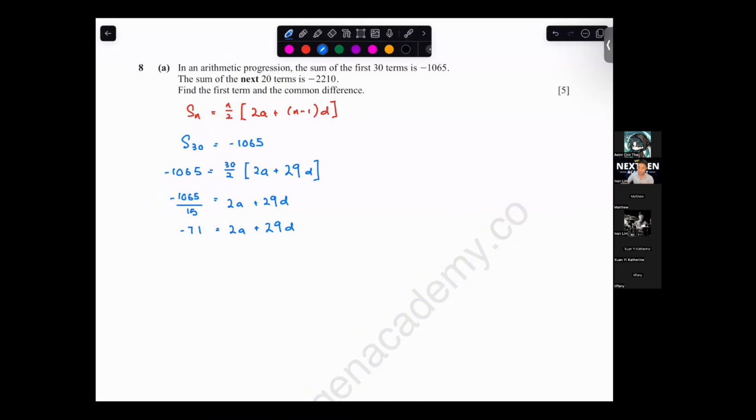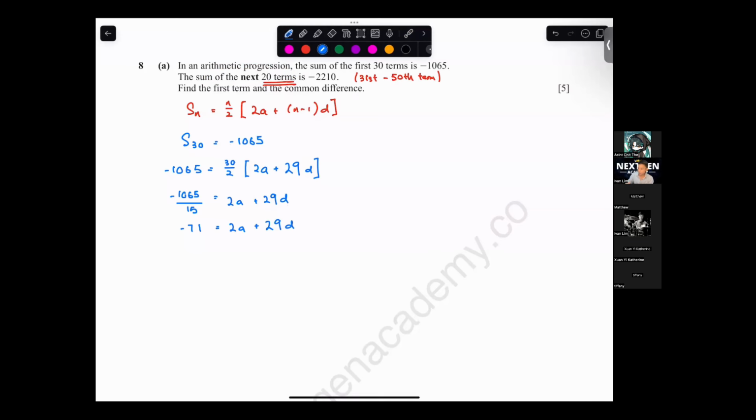What do they want? Okay, this one they use a very interesting way to write the statement. The sum of the next 20 terms means your 31st to 50th terms. When you add up all together, you get negative 2210.